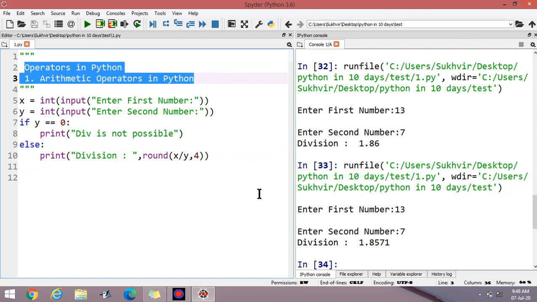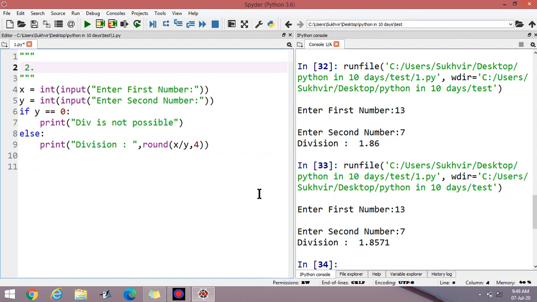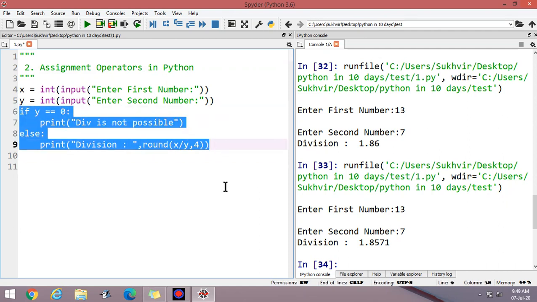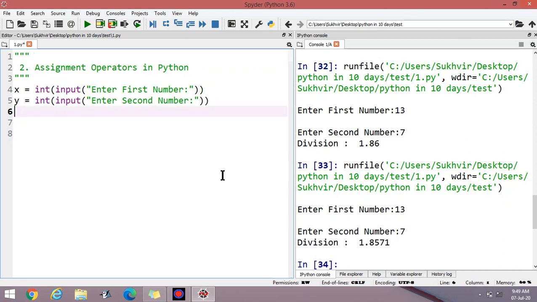The topic we are going to discuss today: assignment operators in Python. Suppose I enter one value from the user.